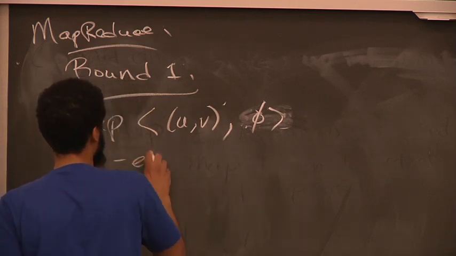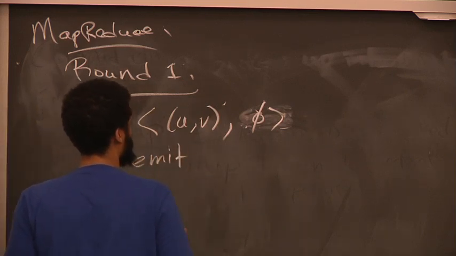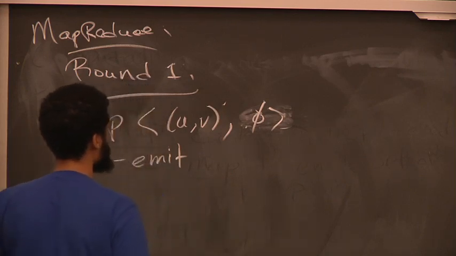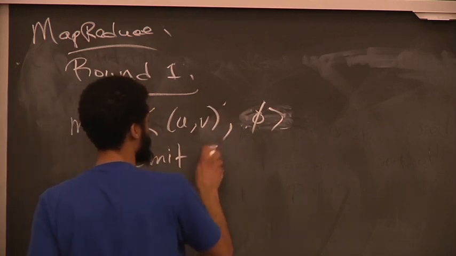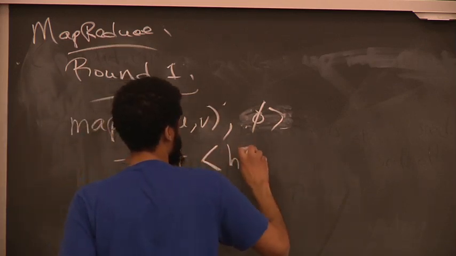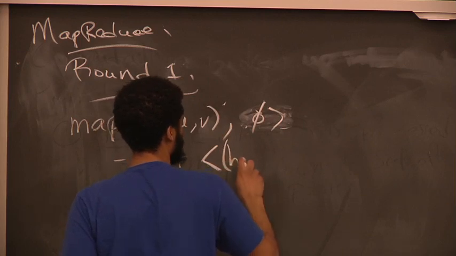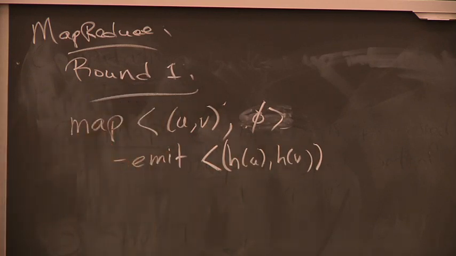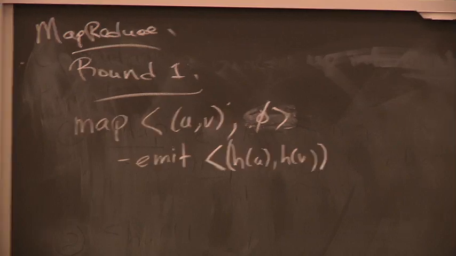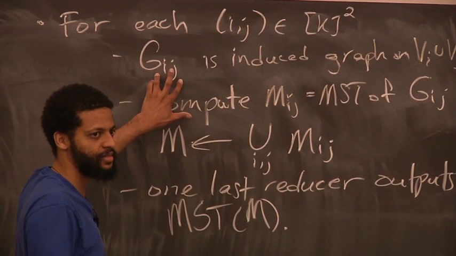And what we're going to do is just emit, so the key is going to be hash of u comma hash of v. So in particular, these Gij's partition the edges.